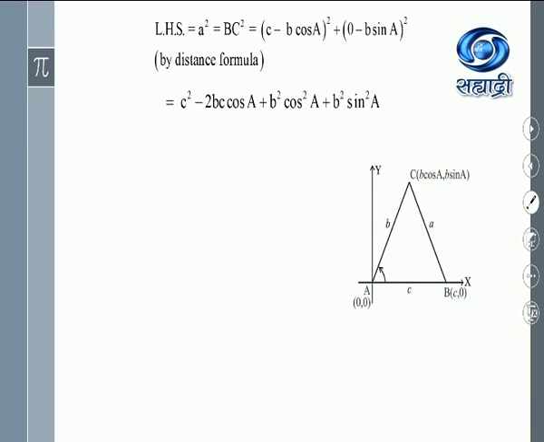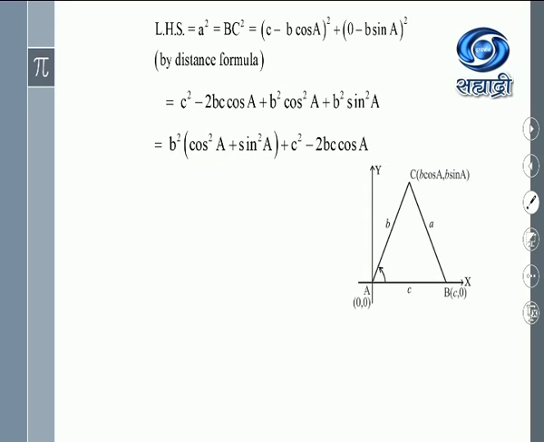The next step is, we have b square cos square A and b square sin square A. We can take b square common. Then the bracketed quantity is sin square A plus cos square A, or you may write cos square A plus sin square A. Two more terms are left, plus c square and minus 2bc cos A. We are simplifying this distance square, that's all.